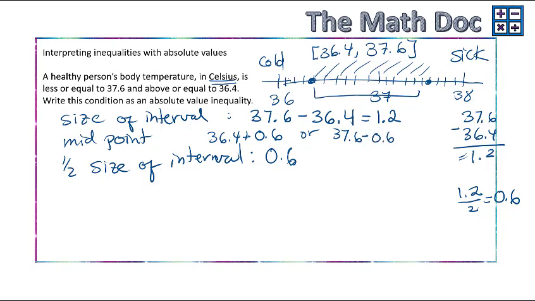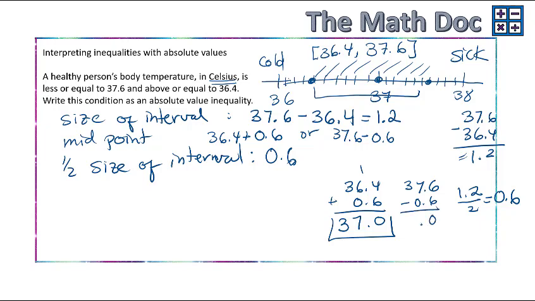And if we did our first calculations correctly, these should be equal. 36.4 plus 0.6: 6 plus 4 is 10, so we get a 0 here plus a carryover, that's 7, and we get 37. That's our midpoint. Let's check the other set of numbers, 37.6 minus 0.6. 6 minus 6 is 0, and we get 37. So great, our midpoint is just 37.